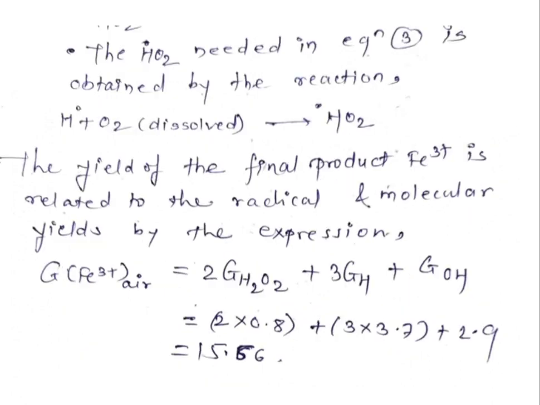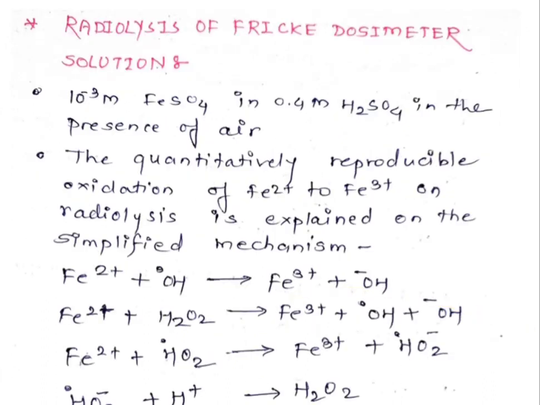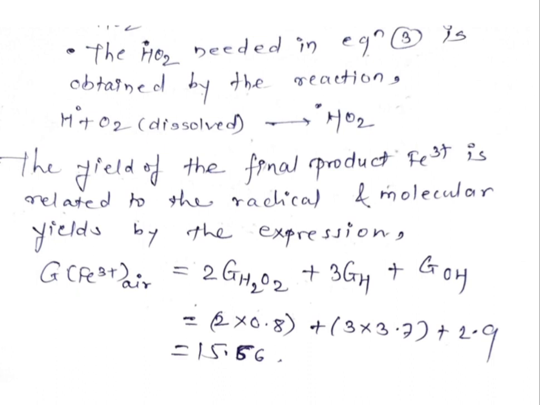The HO2 radical needed in equation 3 is obtained by the reaction H radical plus O2, and this oxygen is dissolved oxygen, and it gives the HO2 radical.